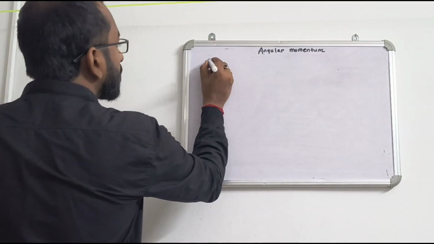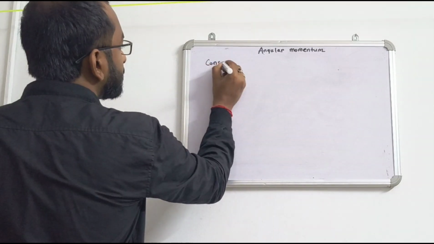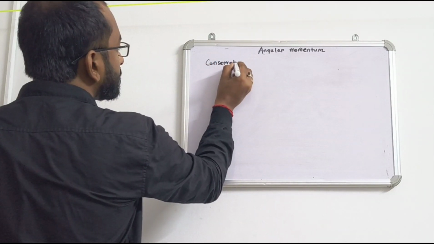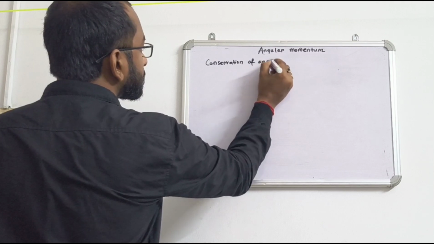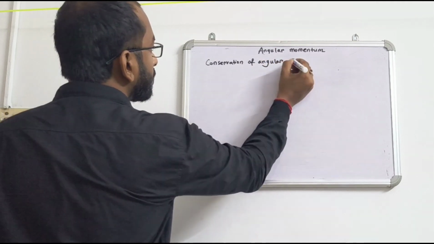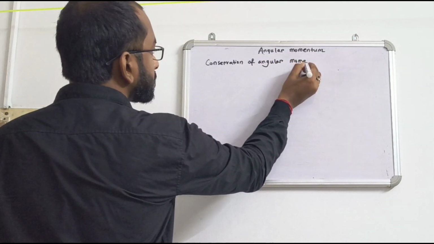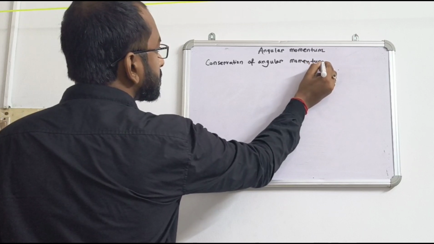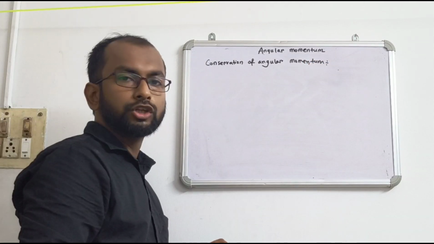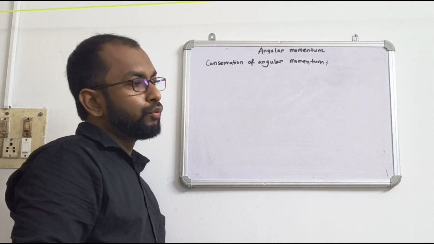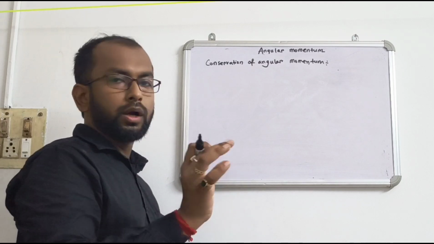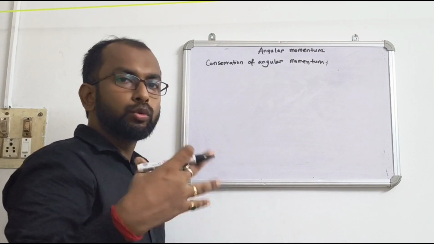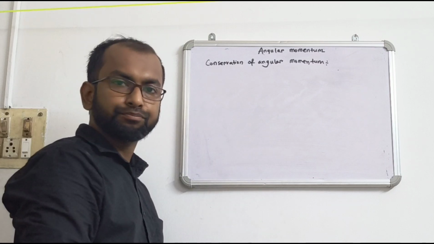Now we learn about the conservation of angular momentum. From Newton's first law, you know that when no external force is applied, one moving body will continue to move with the same velocity.